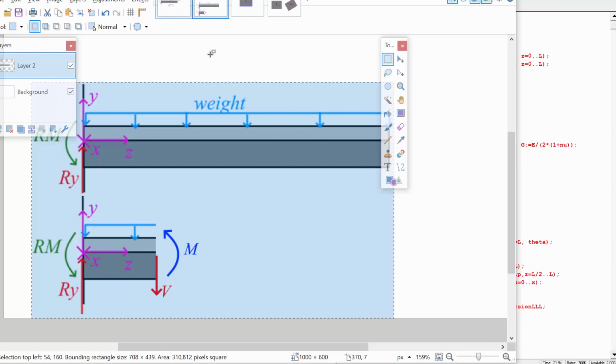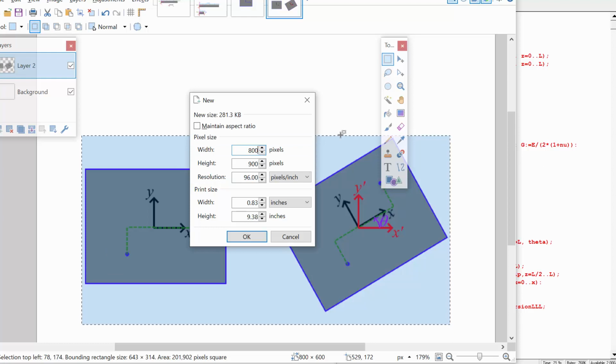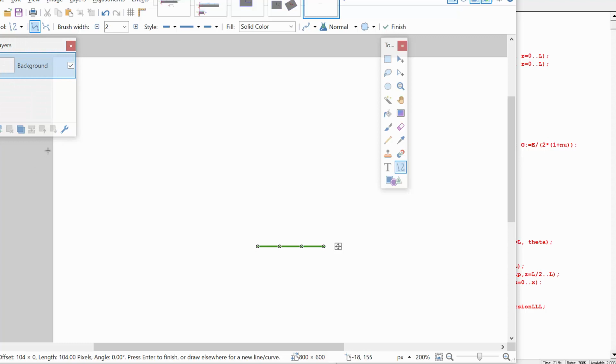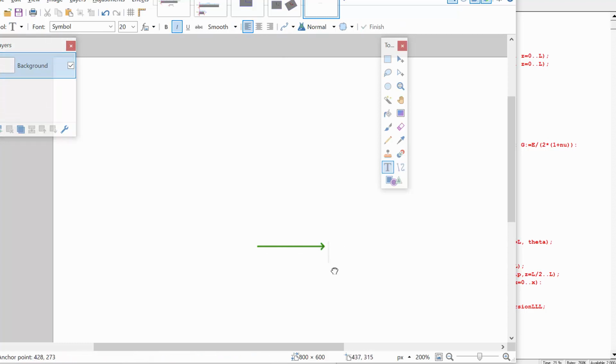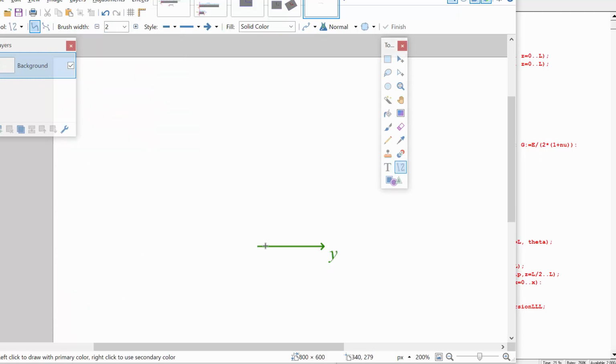Do we have an old one? No. Okay, we'll make a new one. So on this surface, the X out of the page surface, we've got y to the right, whoops, wrong font, y to the right and z going up.